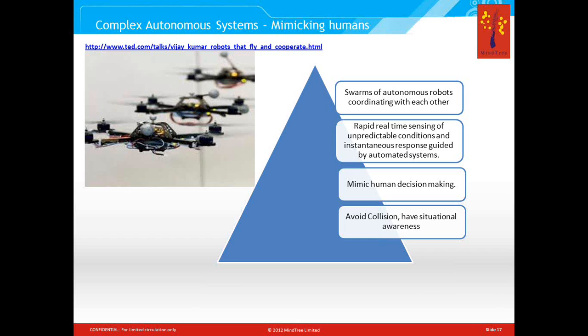If you see these robots, individually they are very small, but he demonstrated that when two such robots work together, they can lift very heavy objects, and that these robots can build a structure like a building.